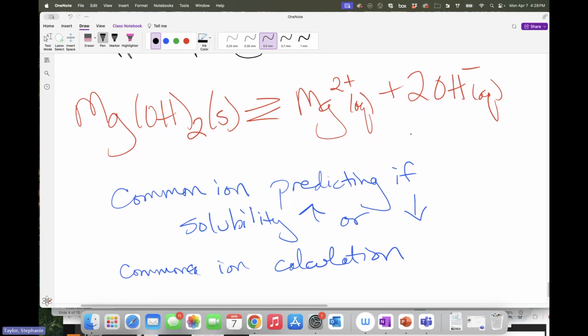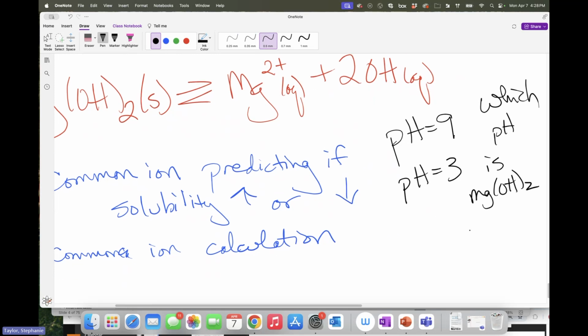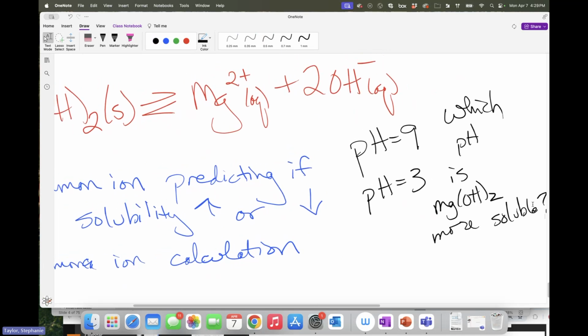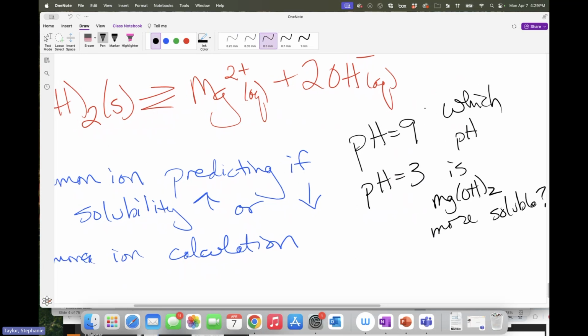If I have this particular reaction and I tell you that you're at a pH of 9 or a pH of 3, and I ask you at which pH is magnesium hydroxide more soluble, the acidic one or the basic one? We are looking at the common ion effect.